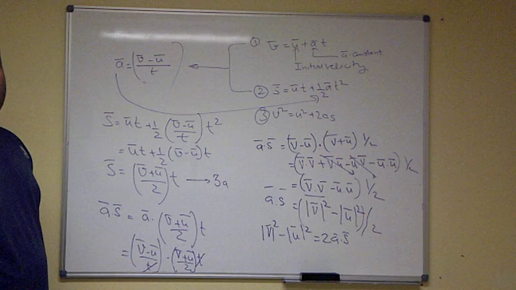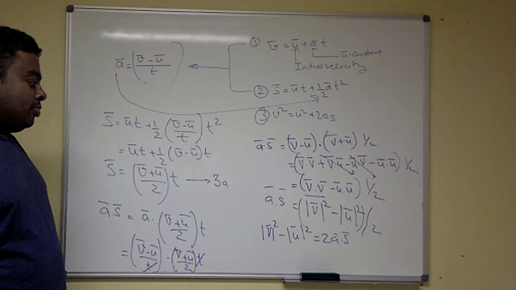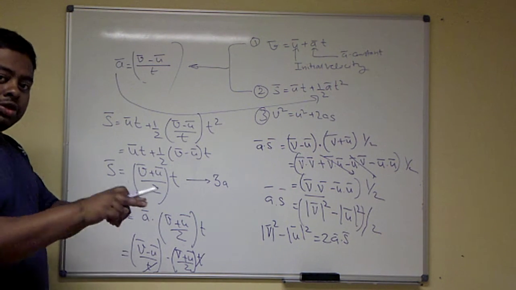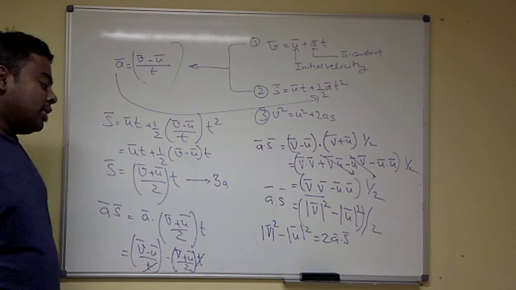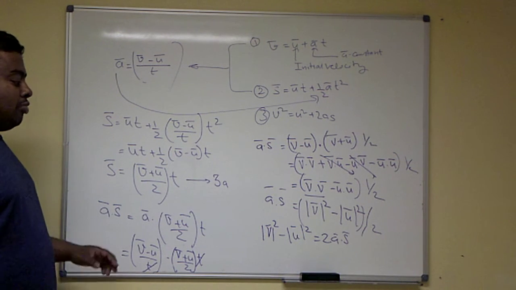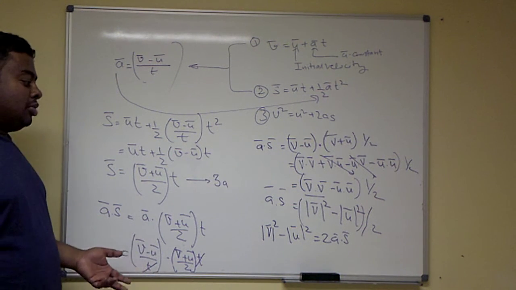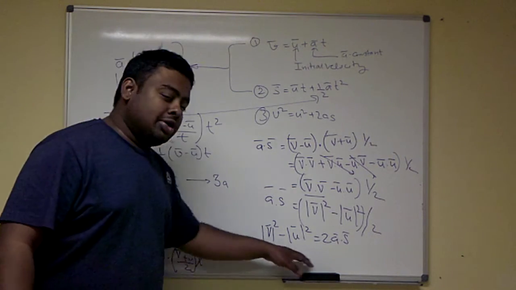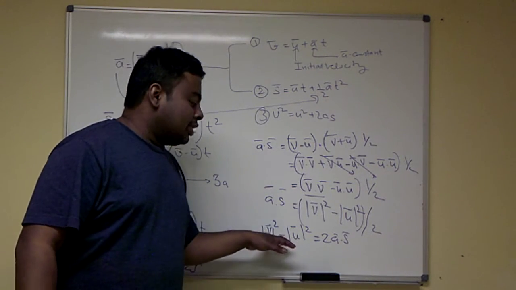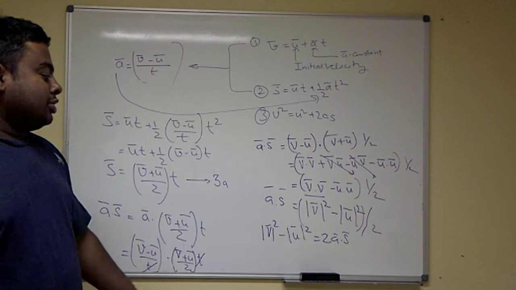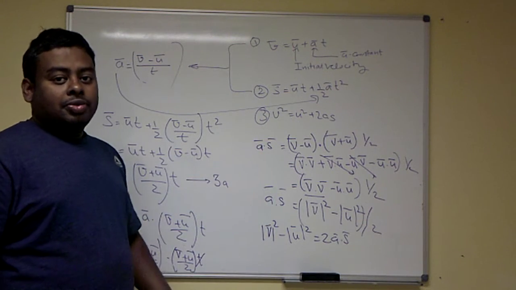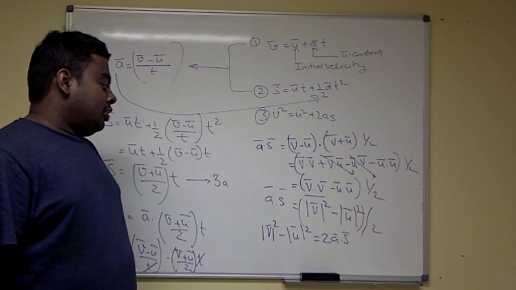So now, even if the motions are not in the same direction anymore, if the acceleration vector is a constant, we can easily get the final velocity in terms of the initial velocity using this particular concept over here.